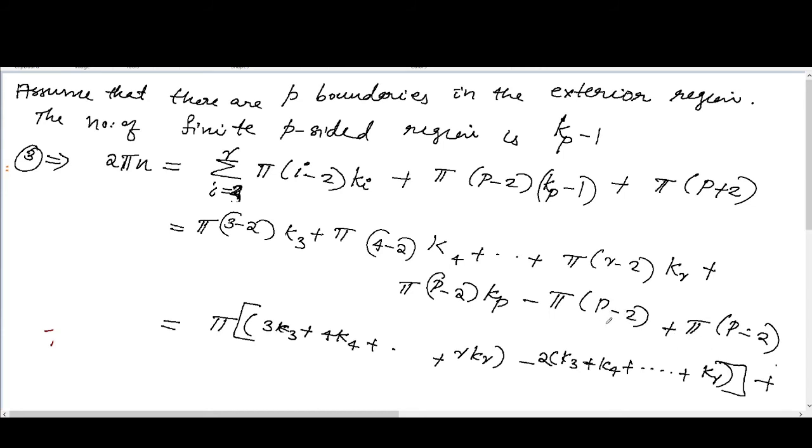Then here 2 pi, and what is the total sum here? Plus 4 pi.